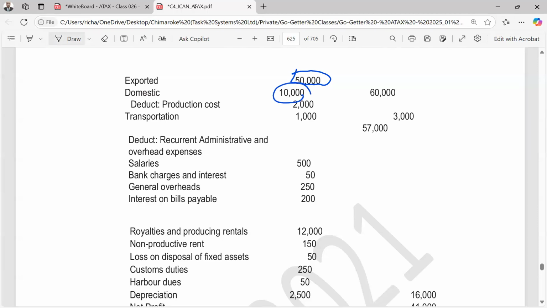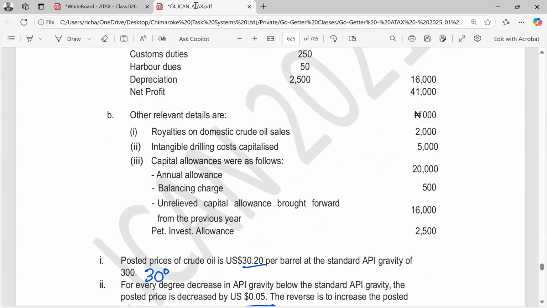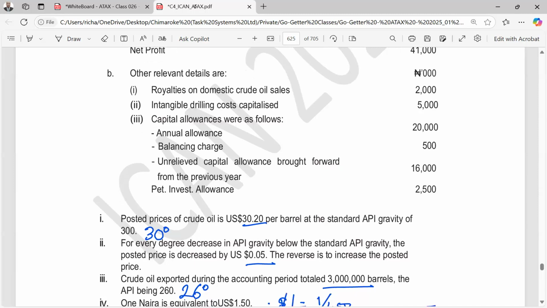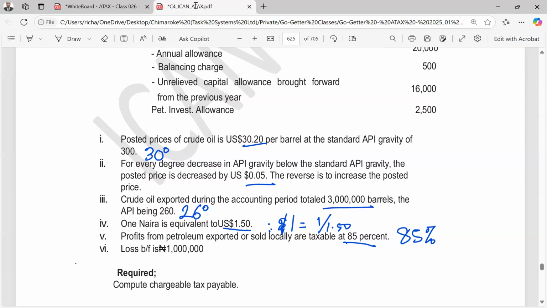Let's see. Question, please. Let's see, there are no other income. Balancing charge. Balancing charge looks like an income, but we'll not take it at this point now. We have loss brought forward.